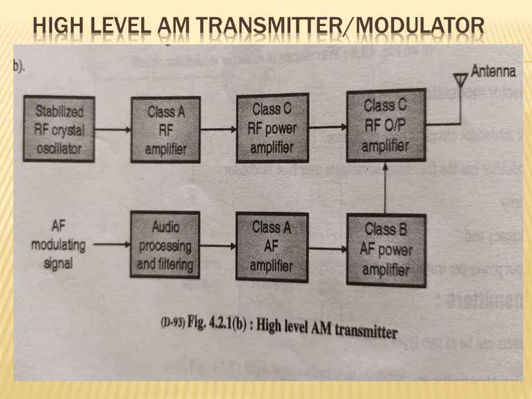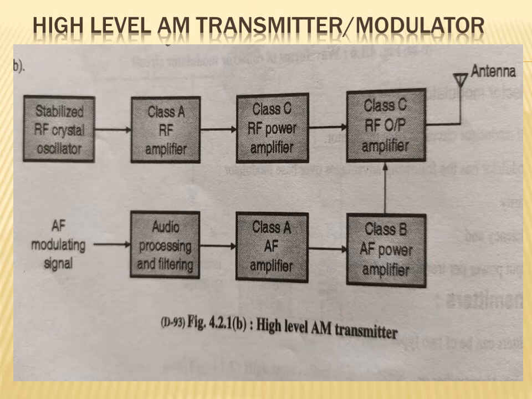Next, the AF modulating signal is applied to the audio processing and filtering, which reduces the effect of noise. The filtered signal is applied to the class A AF amplifier, which amplifies the signal. Then this amplified signal is given to the class B AF power amplifier, which again increases the power level, that is, the strength of the signal.